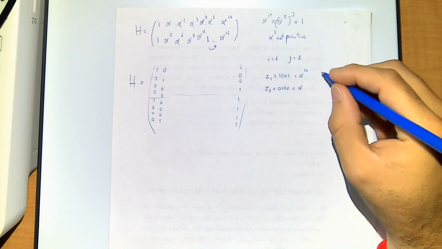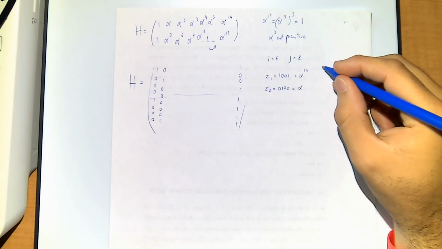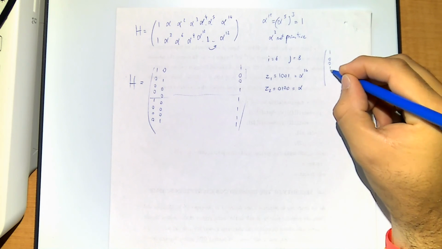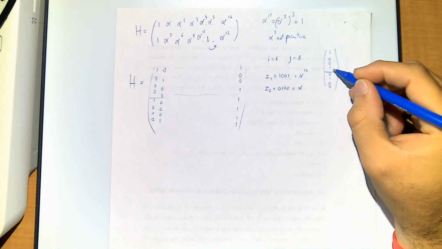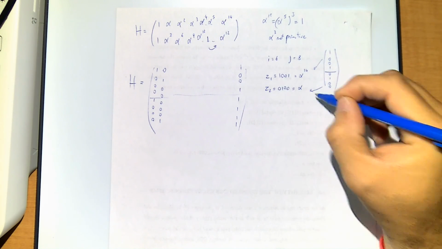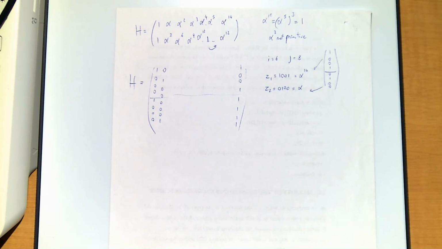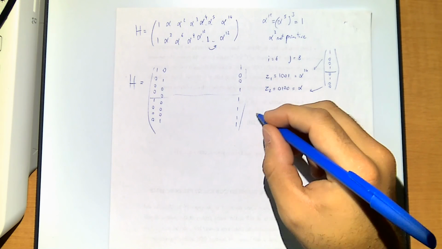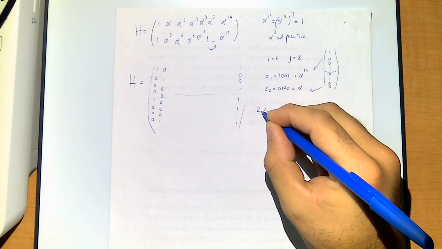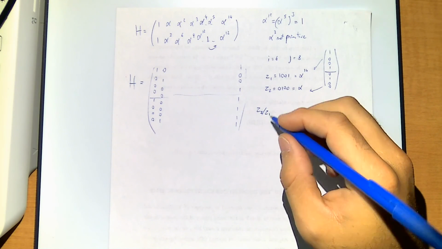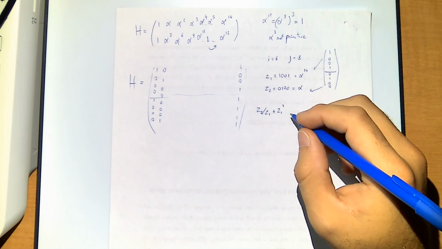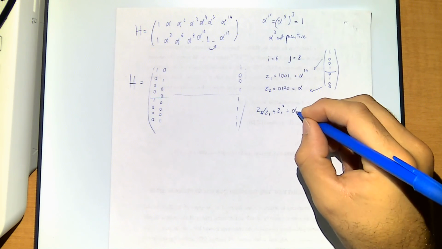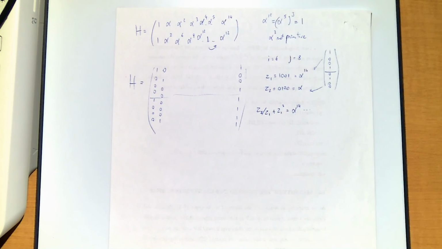So you receive your word, you compute the syndrome, you split it in two, and then you transform it into field elements. This is z1 and z2, and then you can write z2 over z1 plus z1 squared, which is the term at the end of the polynomial, which is also alpha to the 14 after you do your calculations.